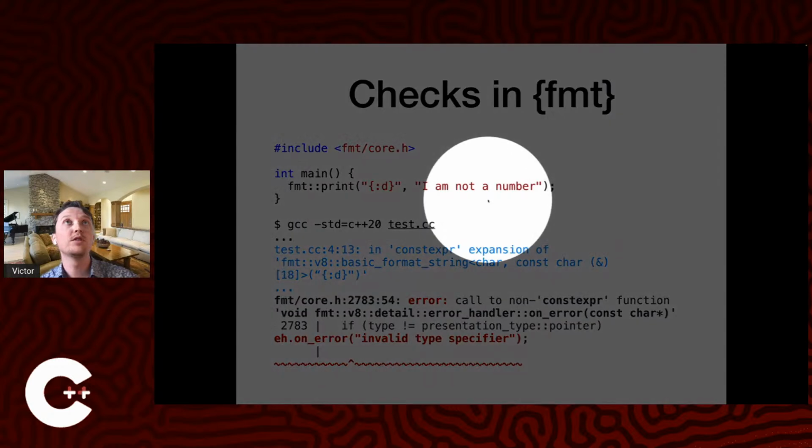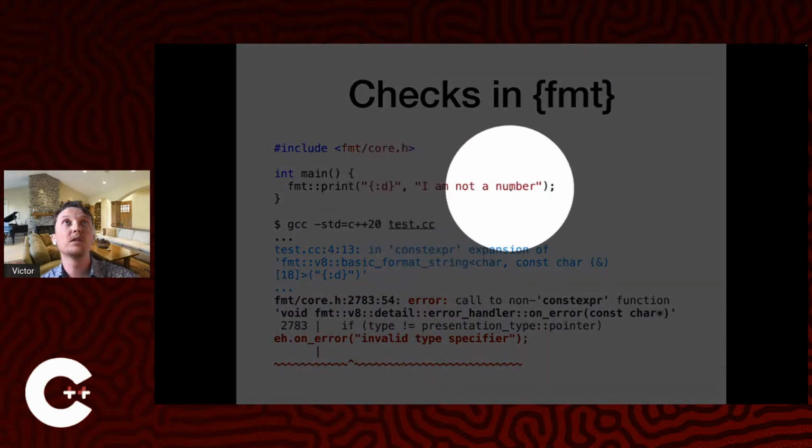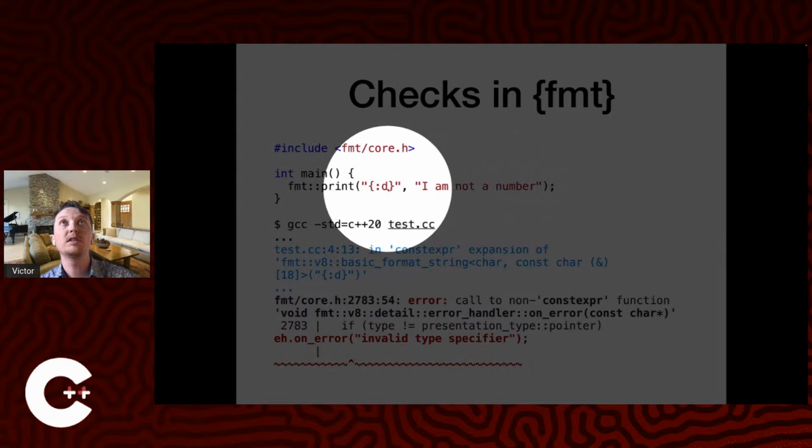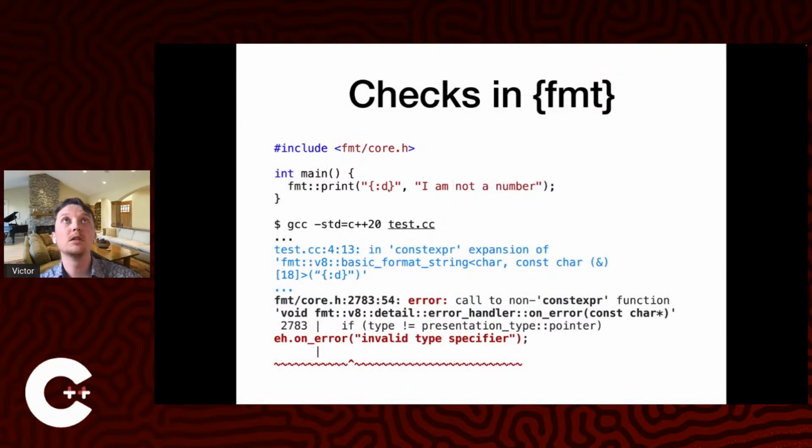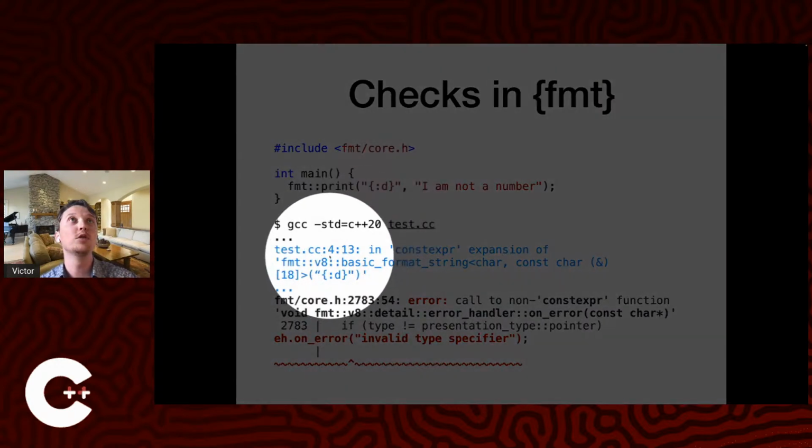It's pretty much the same example as we had with printf. We're passing a string and trying to format it as a decimal number. The diagnostic is not as beautiful, but it is enabled by default, which is an advantage. It gets the job done. It gives you enough information.